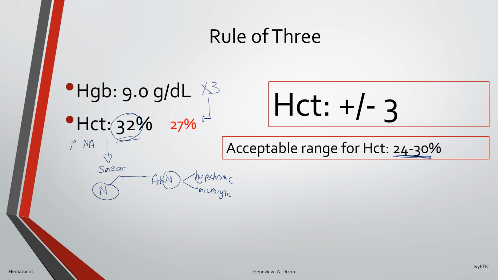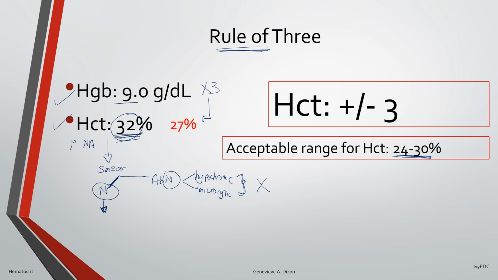That means the rule of 3 cannot be applied, because remember, the rule of 3 is only applicable for normocytic and normochromic red blood cells. If this is the case, then the hemoglobin and hematocrit should be released as is. But let's say, for example, that the smear shows normal red blood cells, normocytic and normochromic, so then the rule of 3 can be used and say that the 32% hematocrit might be wrong.